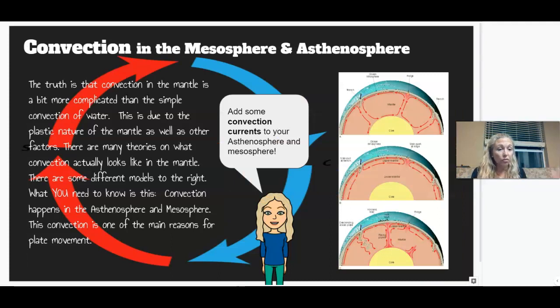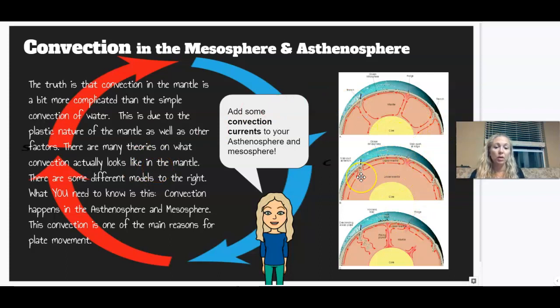So what you're going to do first is add some convection currents, because of course this whole idea of our lithospheric plates interacting is due to convection. There are some varying theories on how that convection actually works. Not too worried about that with 6th grade, but this paragraph over here, if you want to read it, gives you a little bit more information.